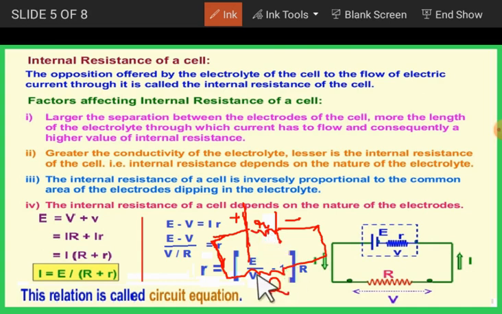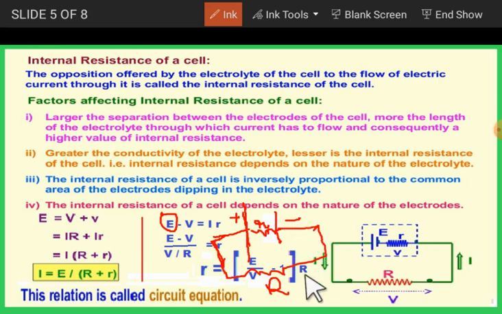So the potential difference across these two electrodes will be equal to the potential difference developed across this when there is no current passing through it. When there is no current passing through it, the key will be off somewhere here. When it is off, the potential difference developed there we call E, right?